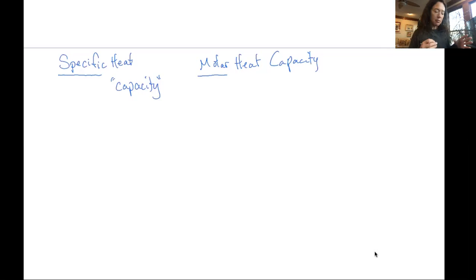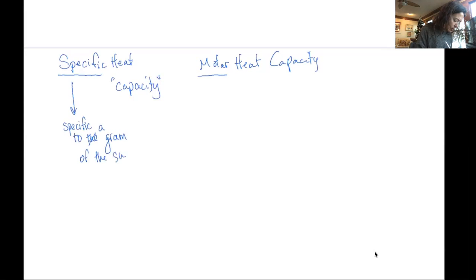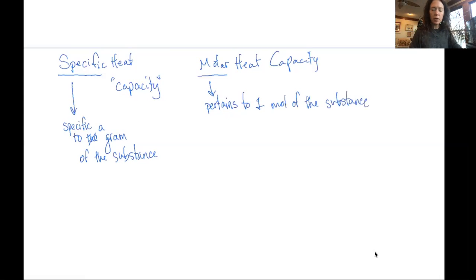So to me, that means this is, and I'll explain it further in detail, specific to the gram of the substance, all right? And the molar heat capacity pertains to 1 mole of the substance. The substance can be anything, okay? Any pure substance.